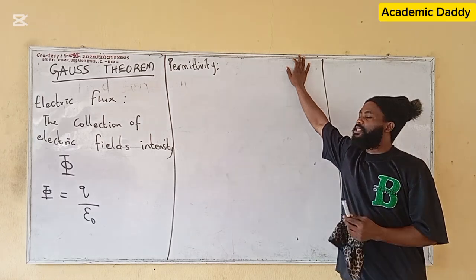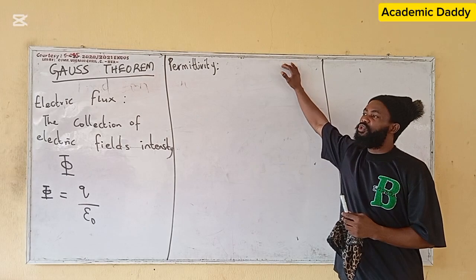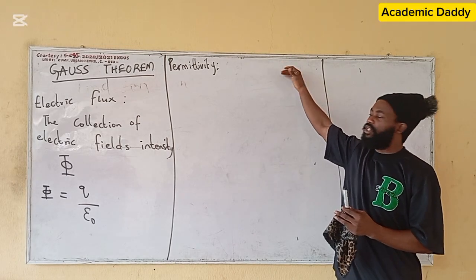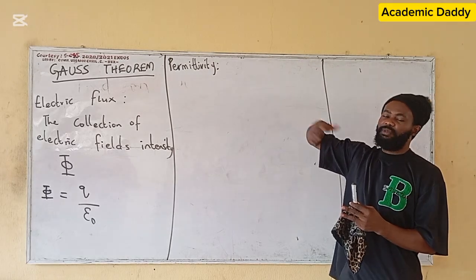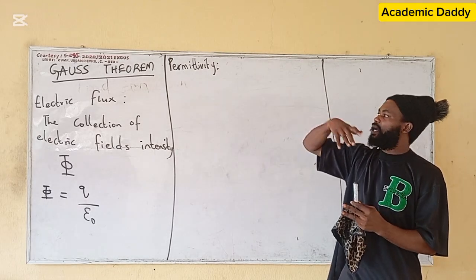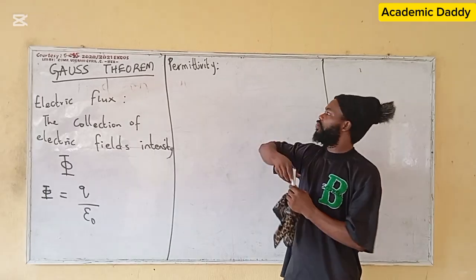Some charges will move faster in a particular medium, some are very good in a vacuum, some are not. So how easy it is for charges to move is what we refer to as permittivity.